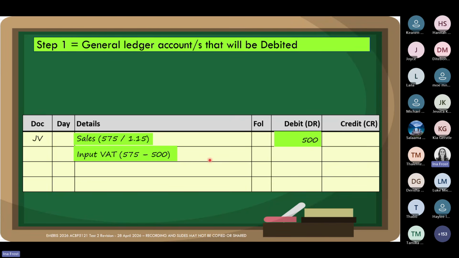Input VAT is the difference between the amount including VAT and the amount excluding VAT. You can see all of these are sitting in the debit column because I did step number 1, the general ledger accounts that will be debited. The 2 accounts are sales and input VAT. And of course, remember to show us your workings.